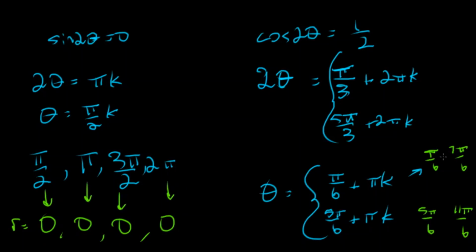And then if you plug these back into the system of equations, you're going to get 5 root 3 over 2, 5 root 3 over 2. And this is going to give you negative 5 root 3 over 2, and similarly negative 5 root 3 over 2. Ran out of room there at the bottom.